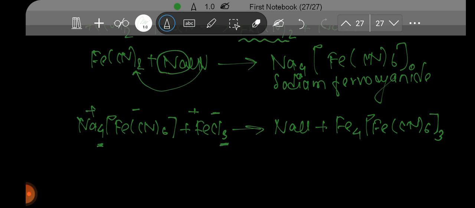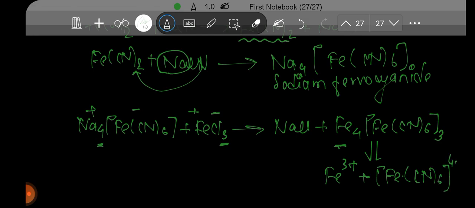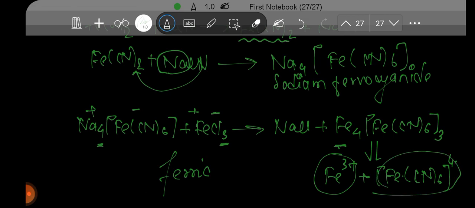So for naming, if we break down the Fe component, this is like Fe3+ and [Fe(CN)6]4 minus. Fe3+ is known as ferric, and the 4 minus is known as ferrocyanide.